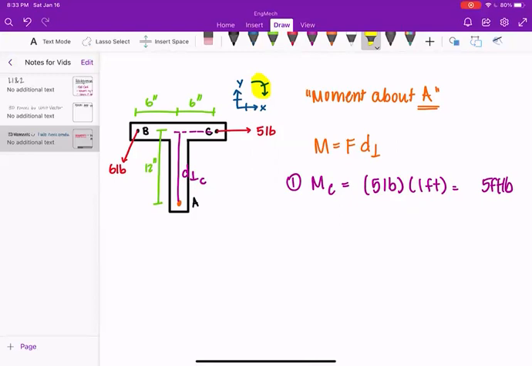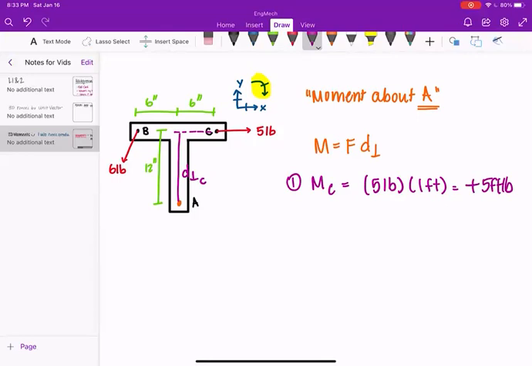Looking at point C, is that 5 pounds going to pull this T clockwise or counterclockwise? If you pin it at A and pull point C to the left, the T is going to fall over to the right, which means it's going to rotate clockwise. So the moment generated by force C is going to be positive.